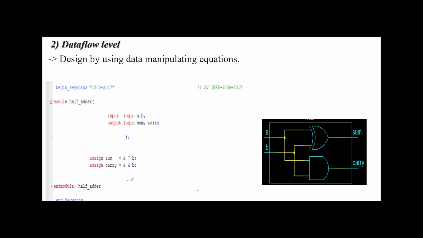The next one is the data flow model. In data flow modeling, we just use data manipulating equations. As you know, the half adder equations, I hope you are aware: sum is equal to A XOR B, and carry is equal to A AND B. Very simple. From this diagram also you can write it.